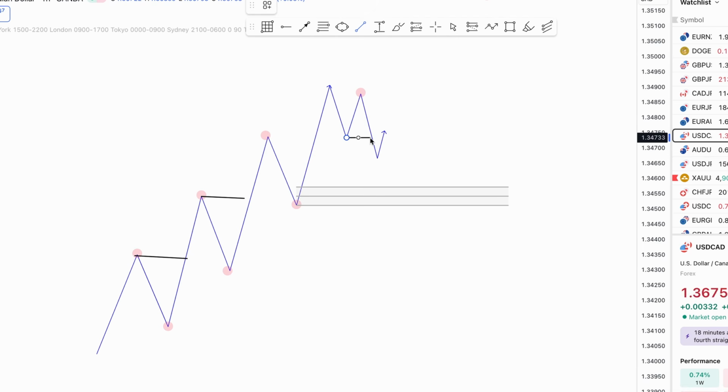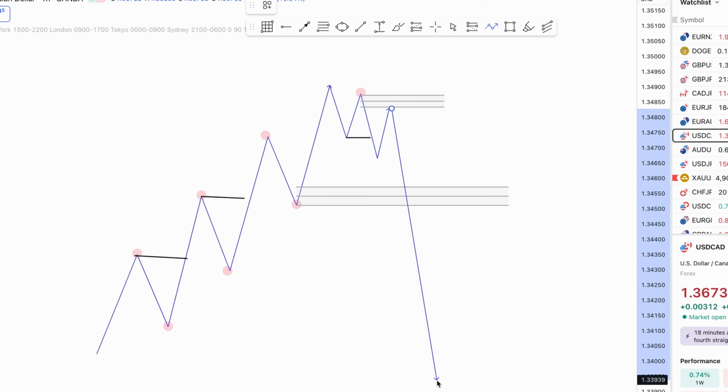What most traders will do is, when they see such an early signal to sell, you find some people already marking order blocks right here, looking for the market to push into these areas as they look for opportunities to sell. But this is wrong. And I'm going to explain why.